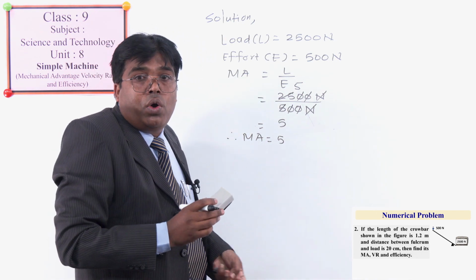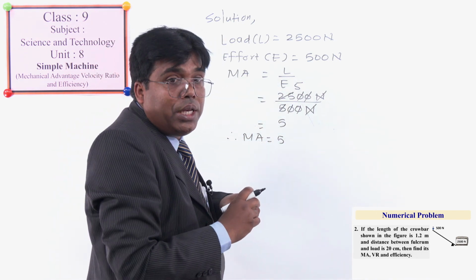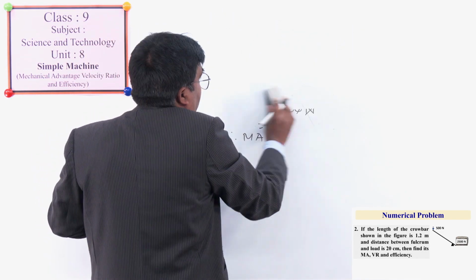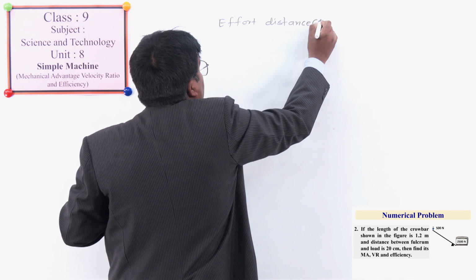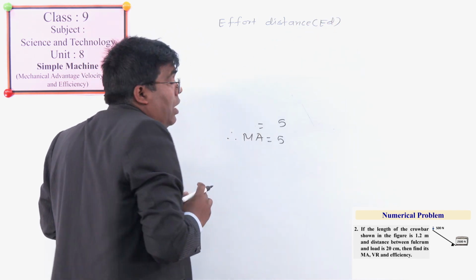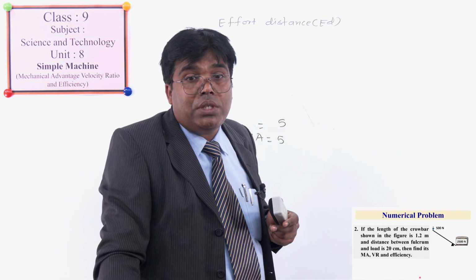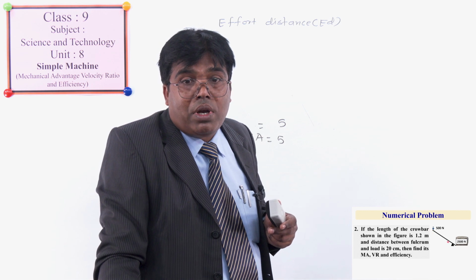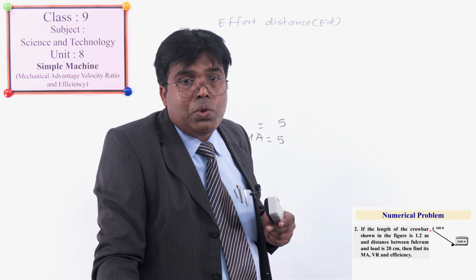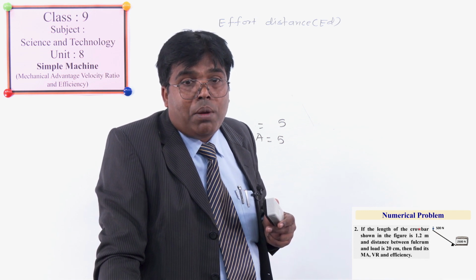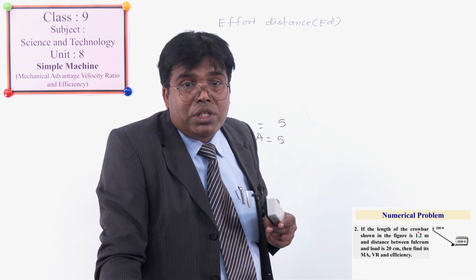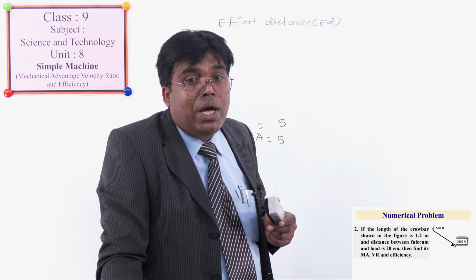Now we need to calculate VR. So VR needs effort distance, ED. Let's search: is there an effort distance, meaning the distance between fulcrum and effort? There is no distance between fulcrum and effort. The whole length is given as 1.2 meter, but the distance between these is not given. It means we require the load distance.